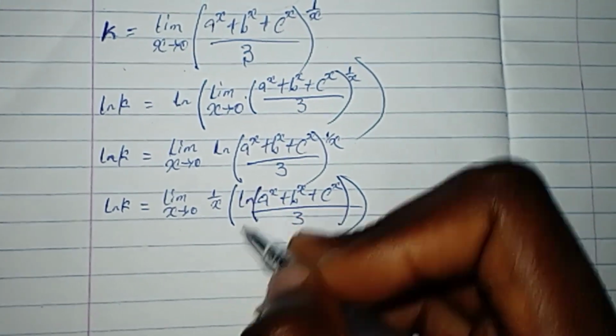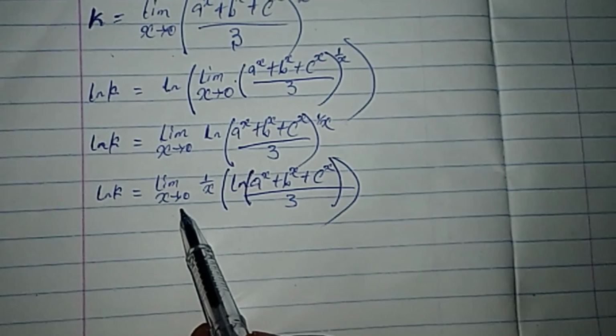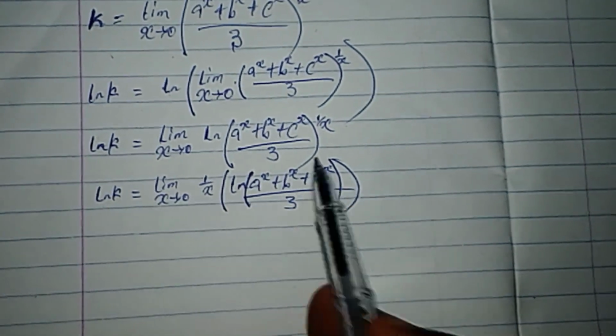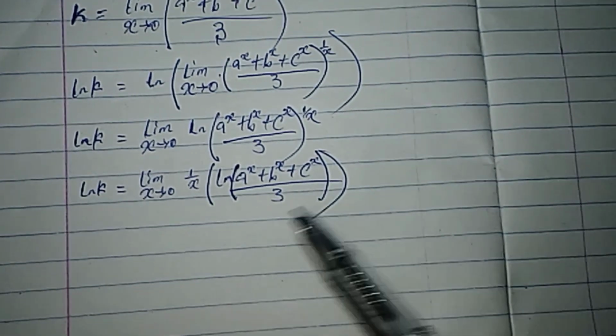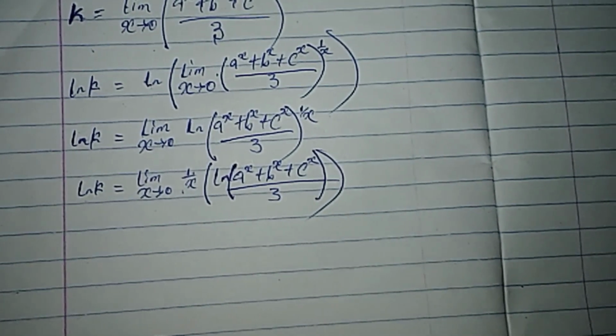So how can we solve this now? We can substitute the 0 as x inside the whole of this because the limit goes to 0. If we do that, 1 over 0 is undefined.